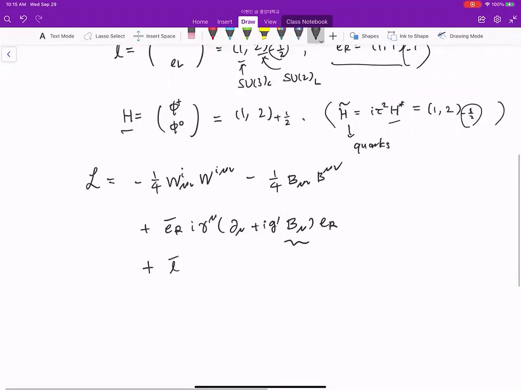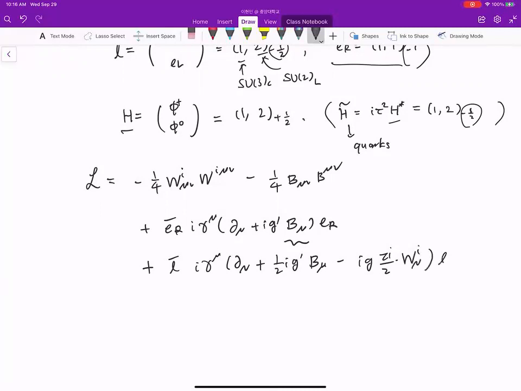And the lepton doublet, of course, couples to hypercharge and also couples to the electroweak gauge bosons. This one.